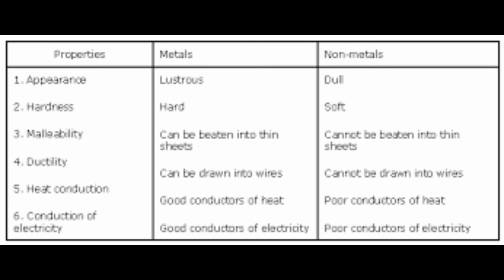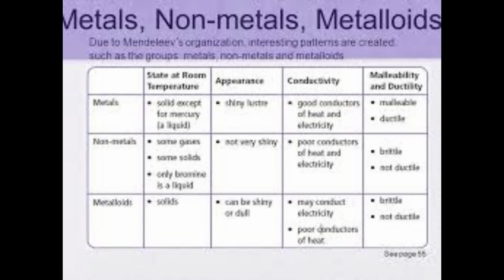Non-metals may be solids, liquids or gases at room temperature. Non-metals have comparatively low melting points and boiling points except diamond. Non-metals have low densities, that is non-metals are light substances. Last one, non-metals are non-sonorous and non-metals have many different colors.